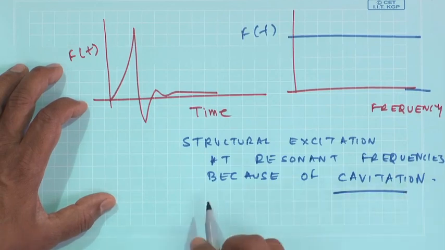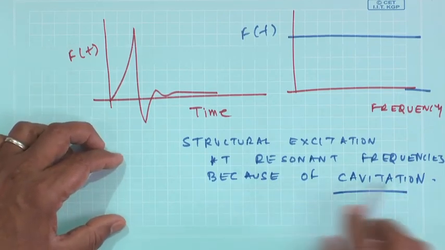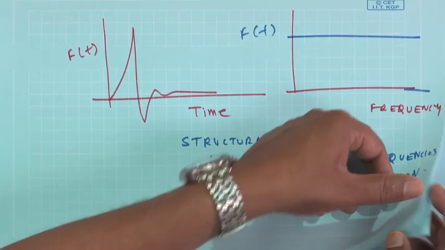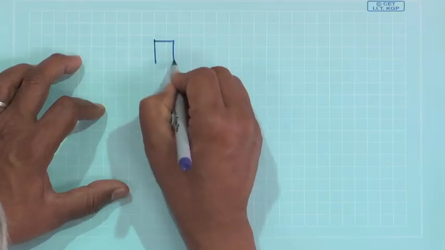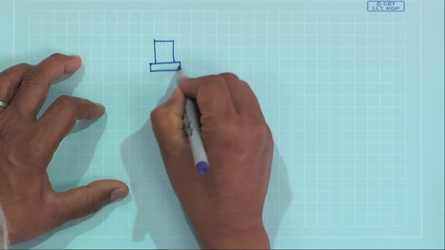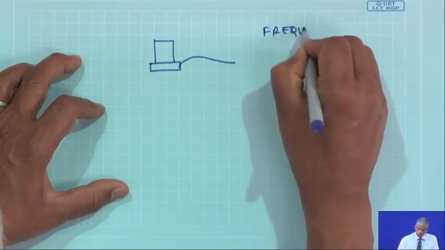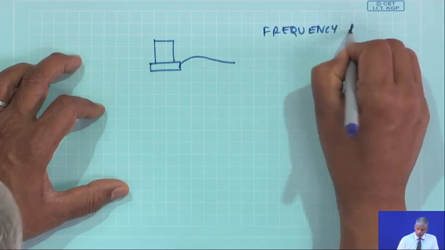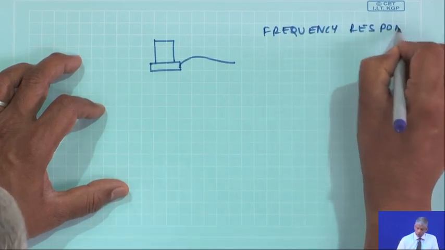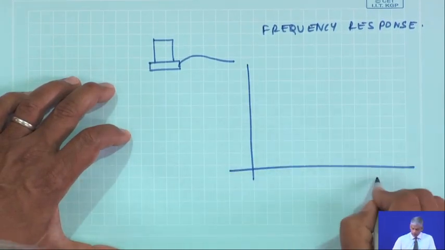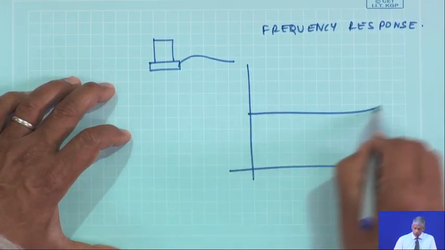Of course, one has to again be very careful about the transducers. Many times we try to measure high frequency vibrations by whatever accelerometer we have in the lab or with us. Be careful regarding the frequency response of the accelerometer. If you will recall, in the accelerometer chapter, I had discussed the frequency response of accelerometers.